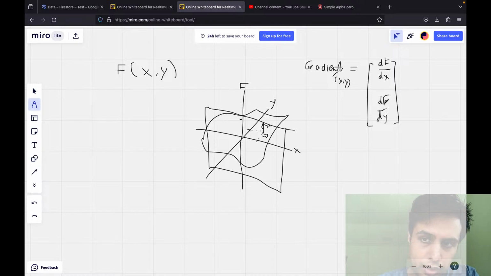And then df dy is the same thing, except instead of this plane right here, we bring forth another plane. Look, it's getting too cluttered. Let me just delete everything.